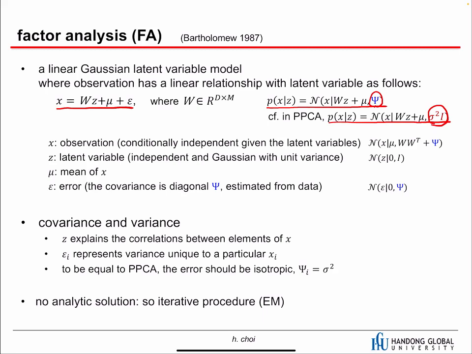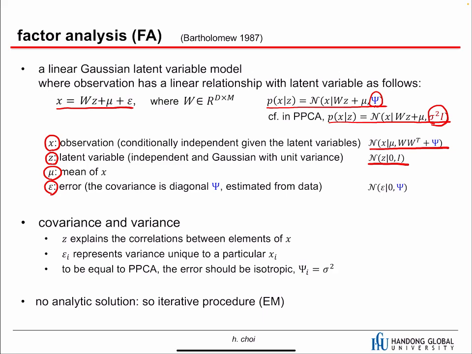That's the only difference. Other than that, factor analysis is exactly the same as PPCA. x is the observation, and this is the probability of x. We have a latent variable, the same as PPCA's latent variable, mu is just the mean, and epsilon is an error with a diagonal covariance matrix.